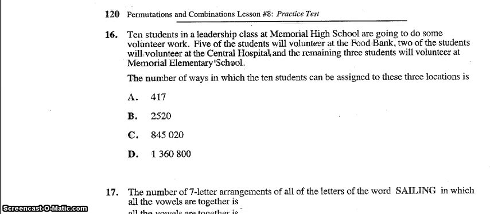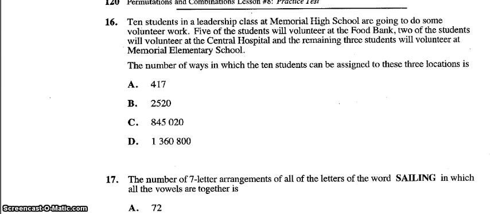All right, let's try this. 10 students in a leadership class going to do some volunteer work. All right, for this question, you think about it, it's a combination question. You first start with 10 students. You choose 5 of them to go to the food bank. All right. So it's a new question we never saw before. Now after that, you have 5 students remaining.